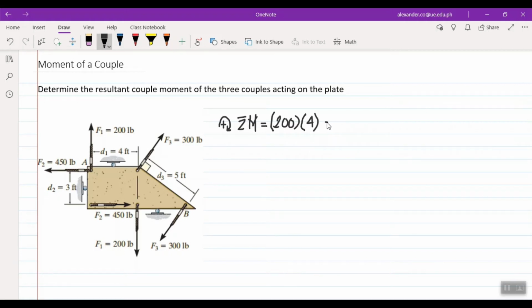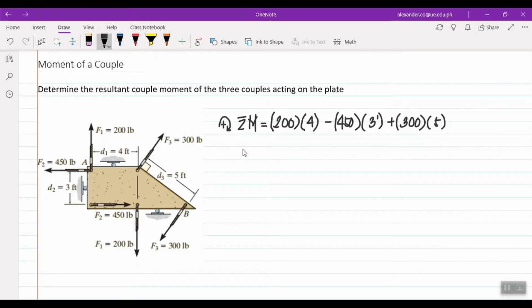Now, force 2 will be negative, this one, because its rotation is counterclockwise. So it's 450 for the force with a perpendicular distance of 3 feet. And lastly, as I said, force 3's rotation is clockwise, so positive. So this will be 300 multiplied by 5.